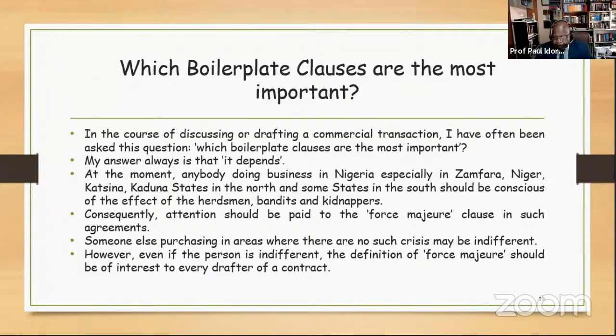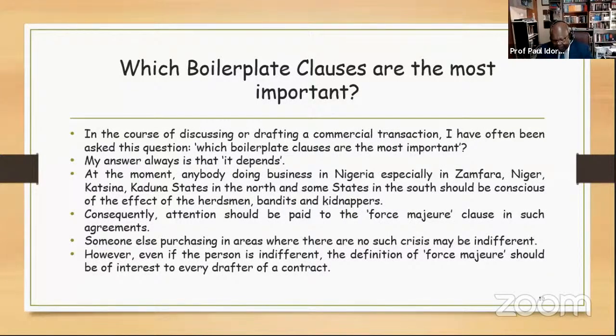Now, if you are in Nigeria today and you have cause to draft a contract, and the contract is to be performed in Zamfara State, Niger State, Katsina State, Kaduna State, and some of the states in the south, you know that you must provide for force majeure.